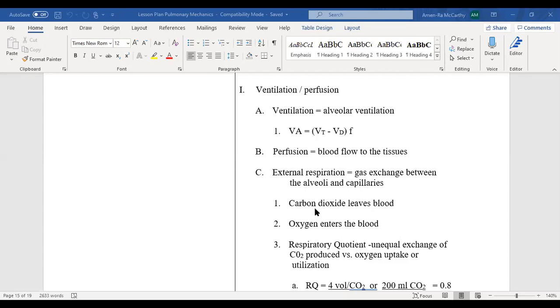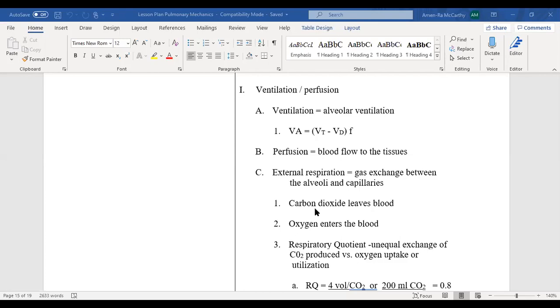Pay attention. The CO2 inside of the alveoli is about 40 millimeters of mercury. That's the normal CO2, right? About 40 millimeters of mercury.